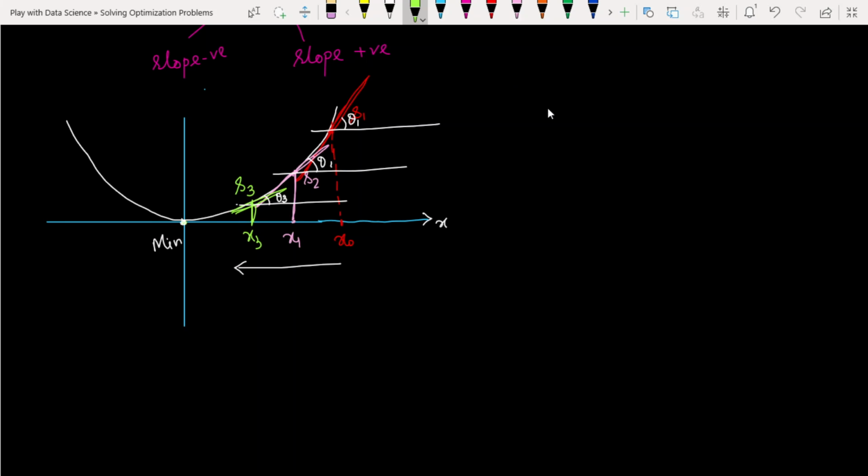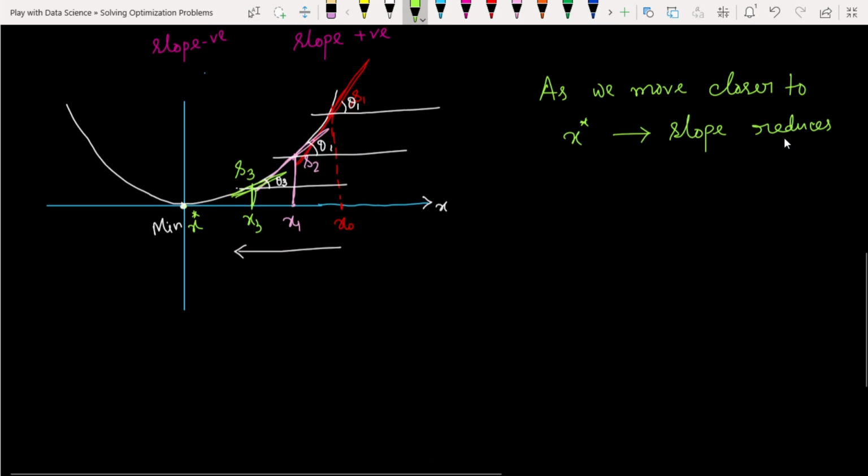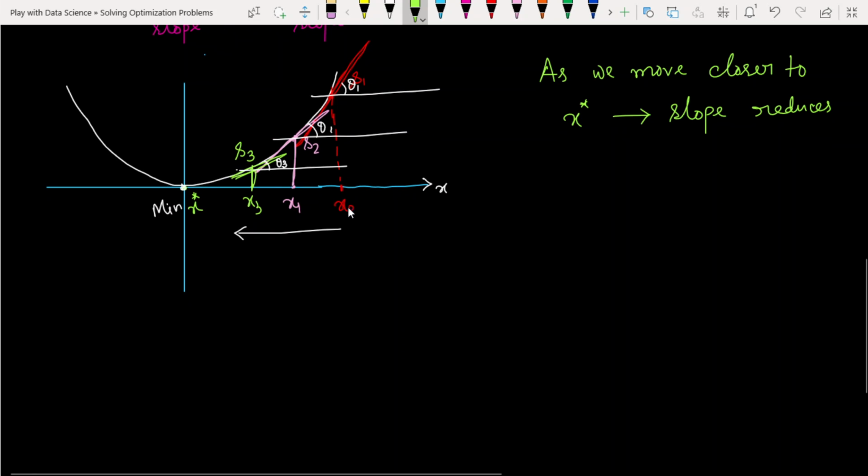So as we move closer to the optimal value x star, the slope reduces.